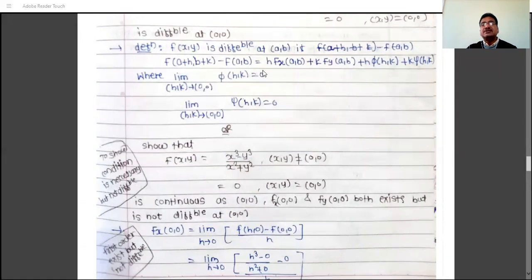So consider the LHS and show the RHS. Consider f(h,k) minus f(0,0) and express this in this form.